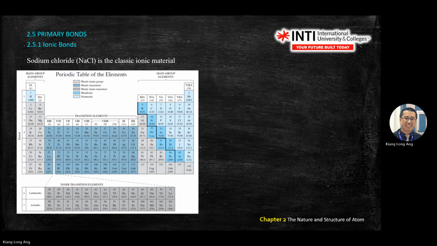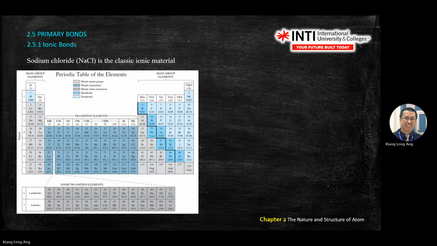Na plus Cl. So Na is what? Copy it out: 1s2, 2s2, 2p6, 3s1.